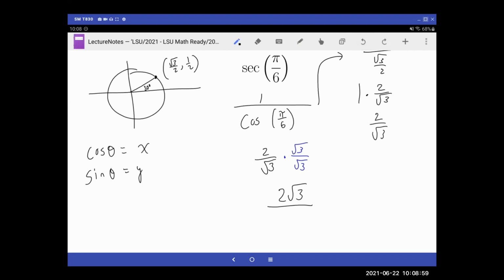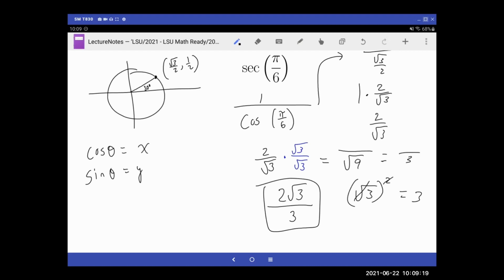You can think about that a bunch of different ways, but the answer there is 3. You could think about it as the square root of 9, which gives you 3. Or you can think about it as the square root of 3 squared, in which case those cancel out and leave you with 3. So there are different ways you can think about it; it just depends on how you see it.